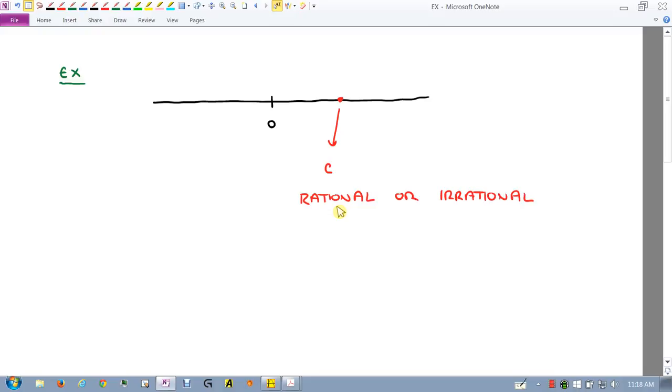Rational numbers, you know them: 1/4, 2, 1/3, -10. Those can all be written as fractions. Irrational numbers are like pi, e, square root of 2.